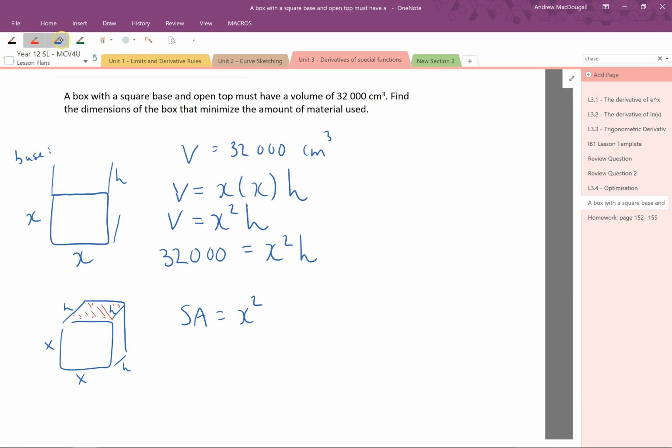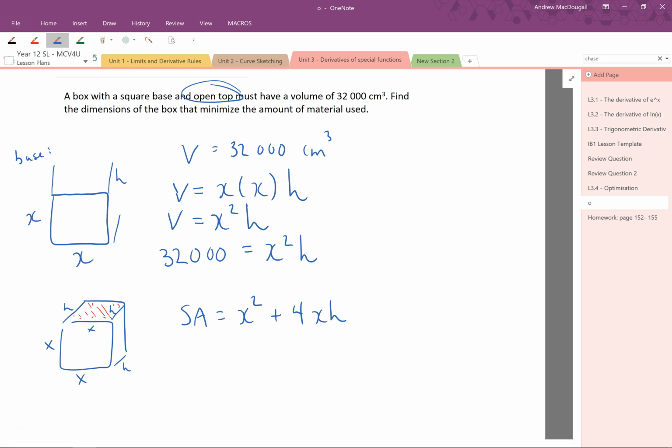Okay, there are four sides like that. They each have area x times h. And what about the side we can't see, directly opposite the closest face? We have an open top box, so there is no side there. So the total surface area of this box is indeed x squared plus 4xh.